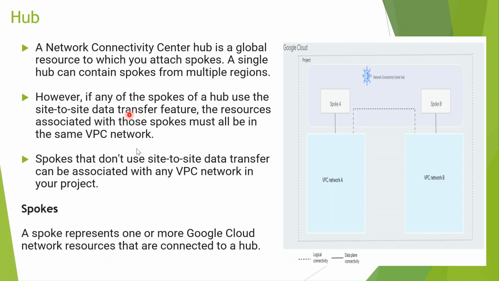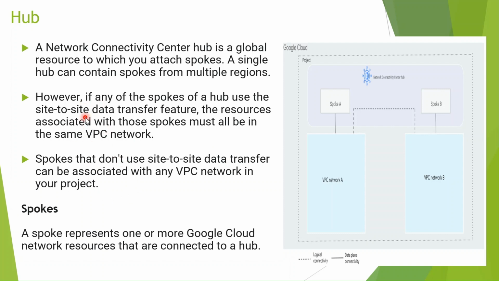So if you are using the site-to-site data transfer feature, then all the resources associated with the spokes must be in the same VPC network. Basically, it is talking about partner interconnect or dedicated interconnect. If you are using it, then it must be in the same VPC network. But if you are not using anything like site-to-site data transfer, spokes can be associated with any VPC network in your project. Take care of these two points.